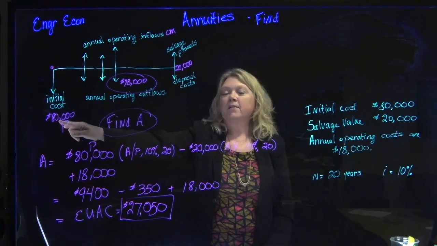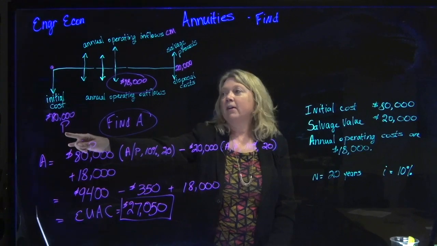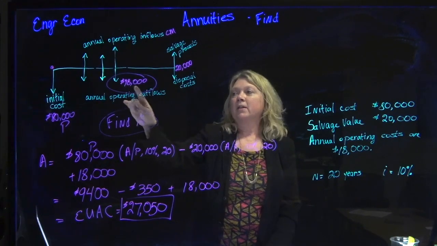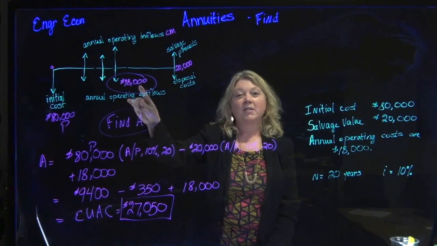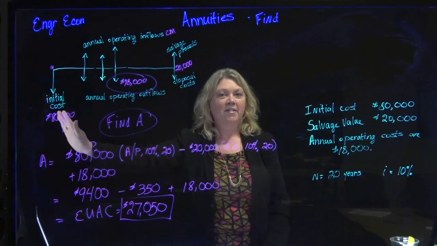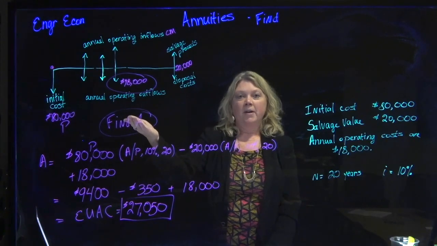The initial cost of the machine, $80,000, is already in terms of P, present value. The operating costs are stated as an annual amount of $18,000. That already is in terms of A. We're trying to find A for this entire series of cash flows. Those annual operating costs already are in terms of A, right?